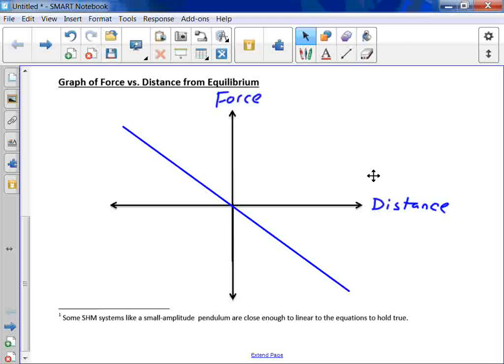Now this graph doesn't go on forever. What do this point and this point on the x-axis represent? Their maximum displacement. So that would be the amplitude of its motion.